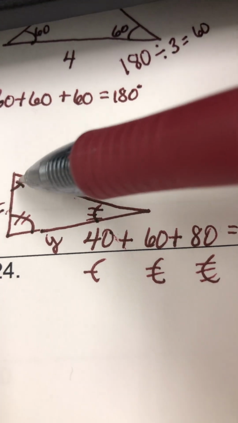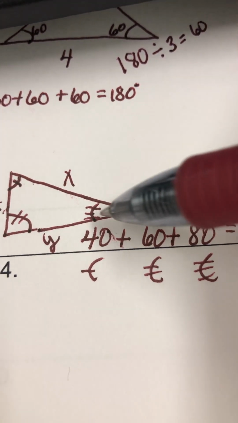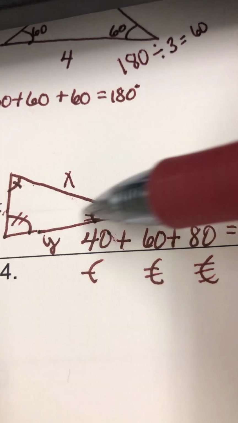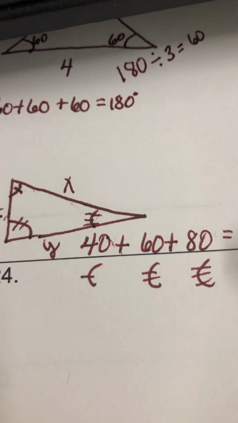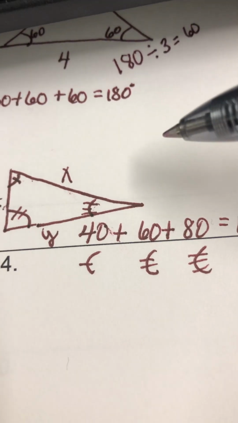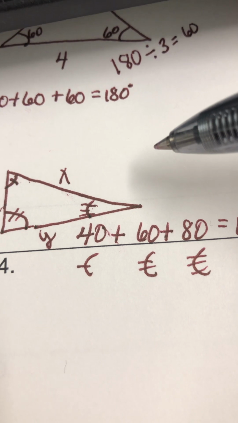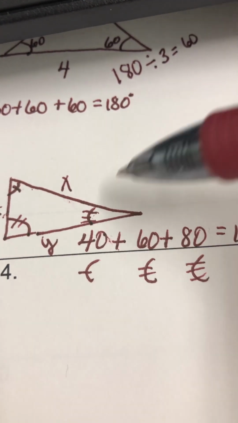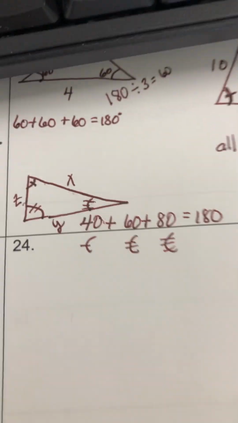And notice this has one line through it, two lines through it, three lines through it, showing that they are different measurements. But they have to equal 180. So it could have been all kinds of other numbers randomly, but those are kind of the basics of triangles, is they always equal 180.